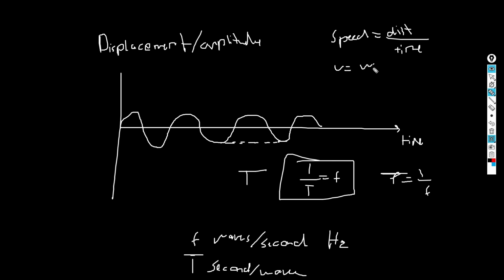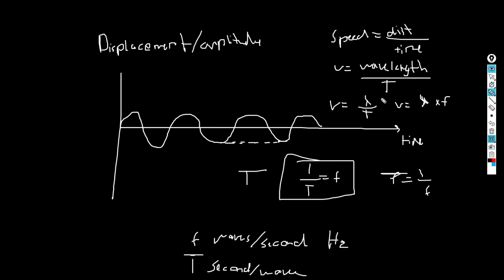It's wavelength, so the distance over the time it takes to cover one wave, so over time per wave, so seconds. What's that called? Period. So we have velocity equals wavelength over period, or you can use frequency, so velocity equals wavelength times frequency.